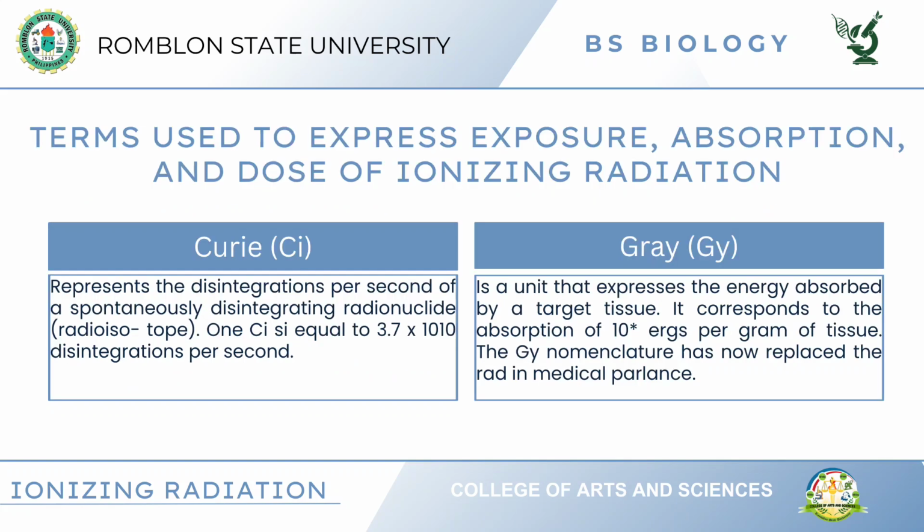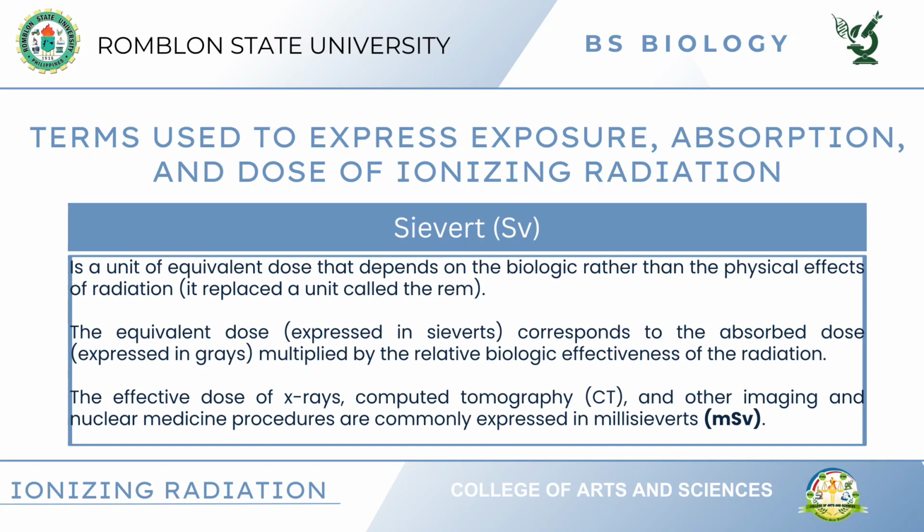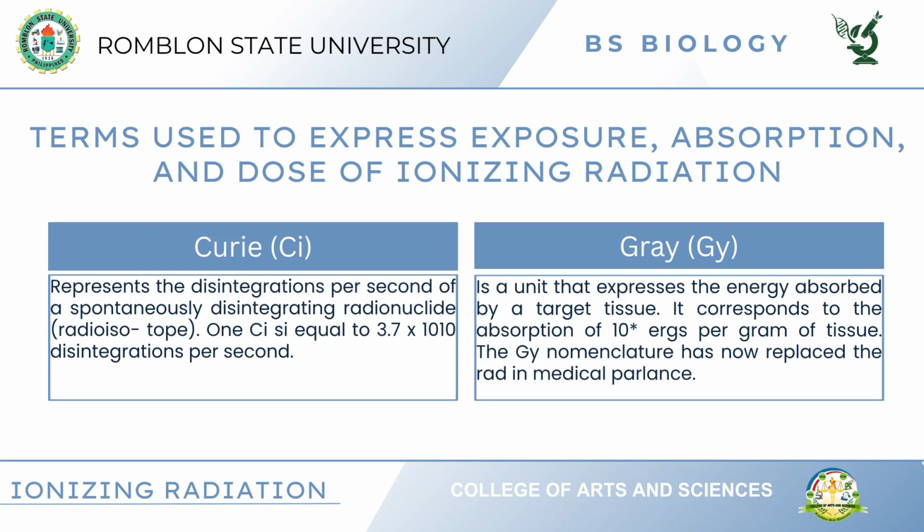So here are the following terms used to express exposure, absorption, and dose of ionizing radiation. So we have Curie, Gray, and Sievert. If we compare all three, the Curie measures radioactivity or the source strength, and it focuses on how much radiation is emitted. It is used in physics, nuclear reactors, and radioactive materials.